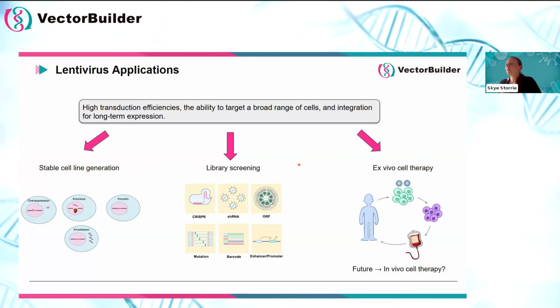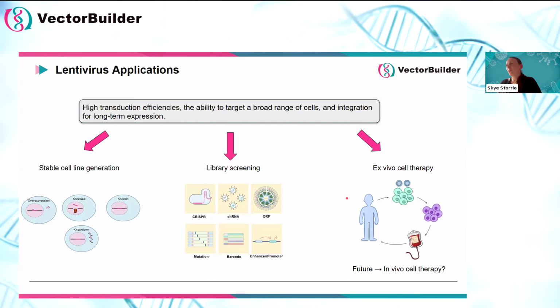For therapeutics development, lentivirus has become incredibly popular for ex vivo cell therapy, and this works by extracting patient cells, modifying them with lentivirus, expanding them, and then transfusing them back into the patient. And this has proven highly effective for cancer therapies.